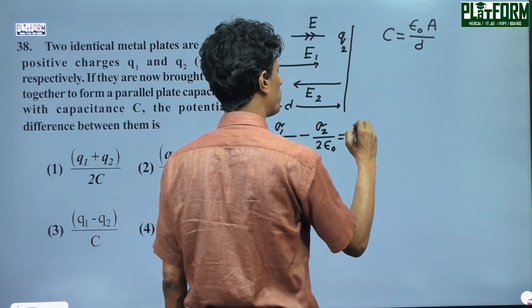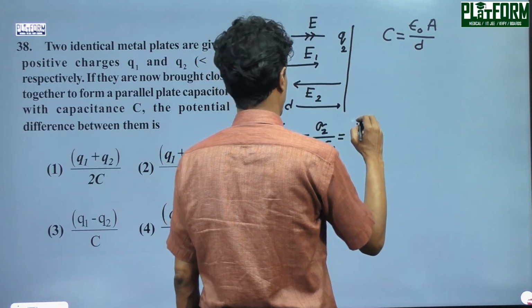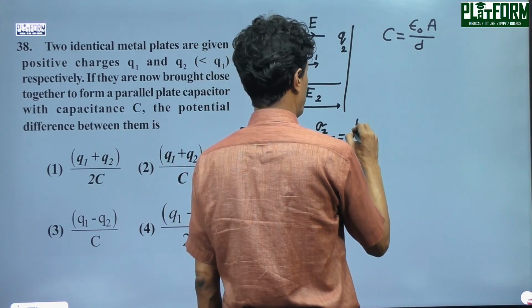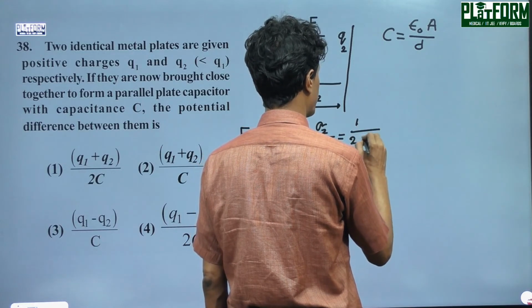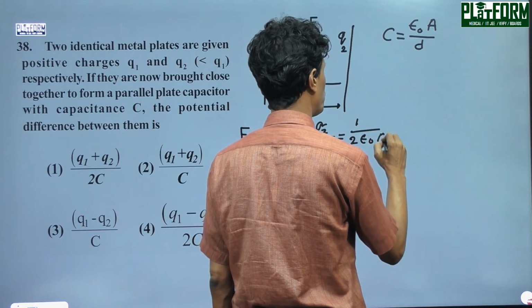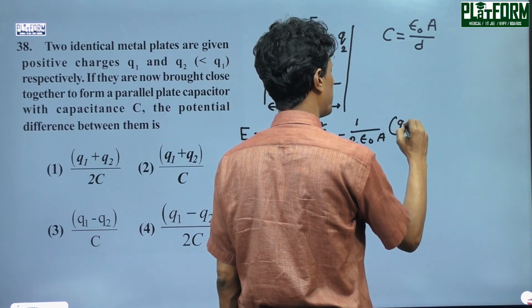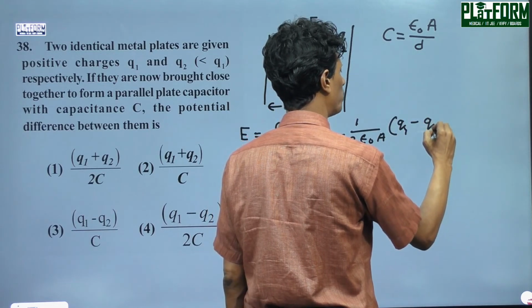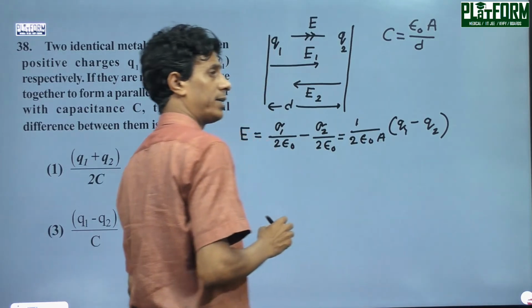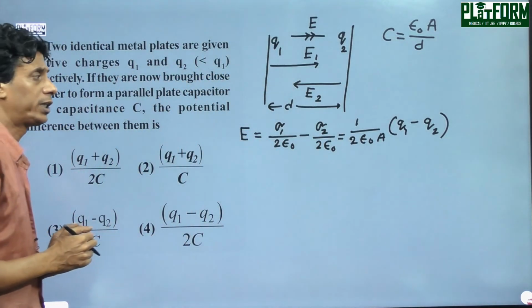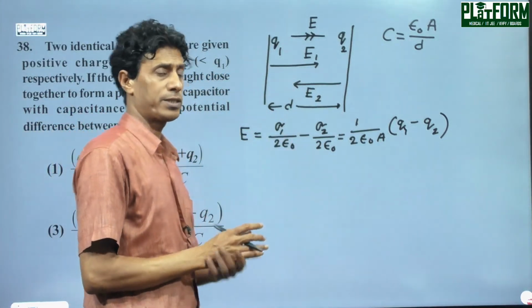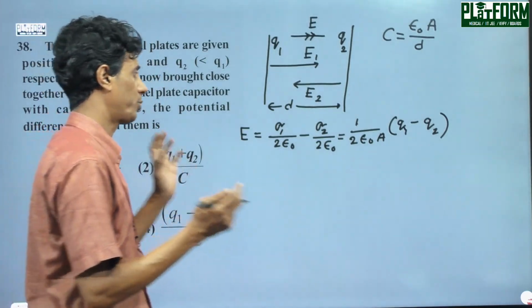It is 1 by 2 epsilon 0 A into Q1 minus Q2. Q1 by A is the surface charge density of plate 1 and Q2 by A is the surface charge density of plate 2. And the potential difference.